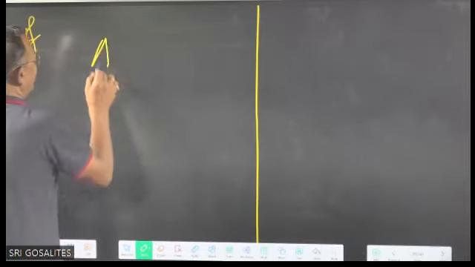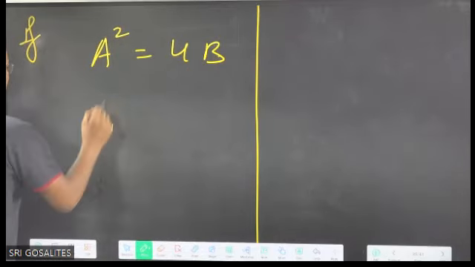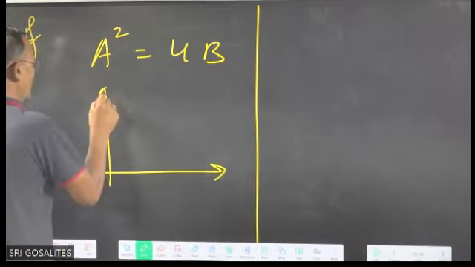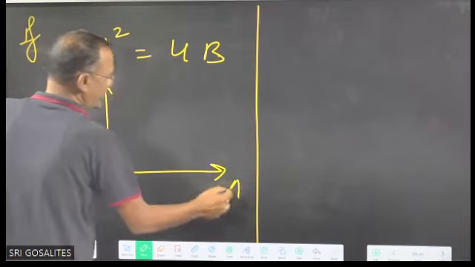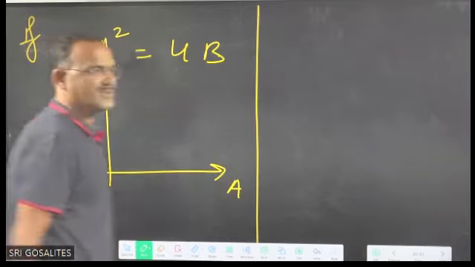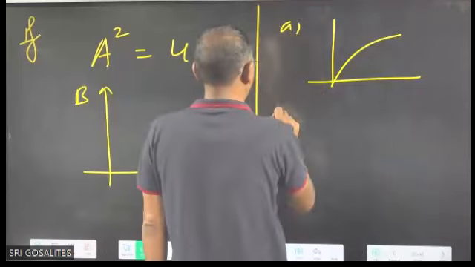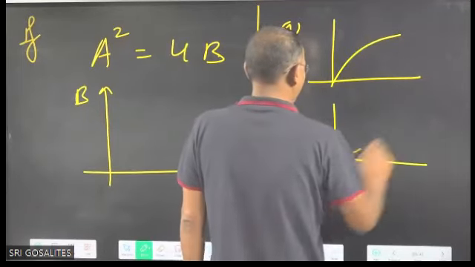Suppose a square is equal to 4b, where b is here and a is here. How will the graph be? Parabola means it will be like this, option A, or like this. Tell me.